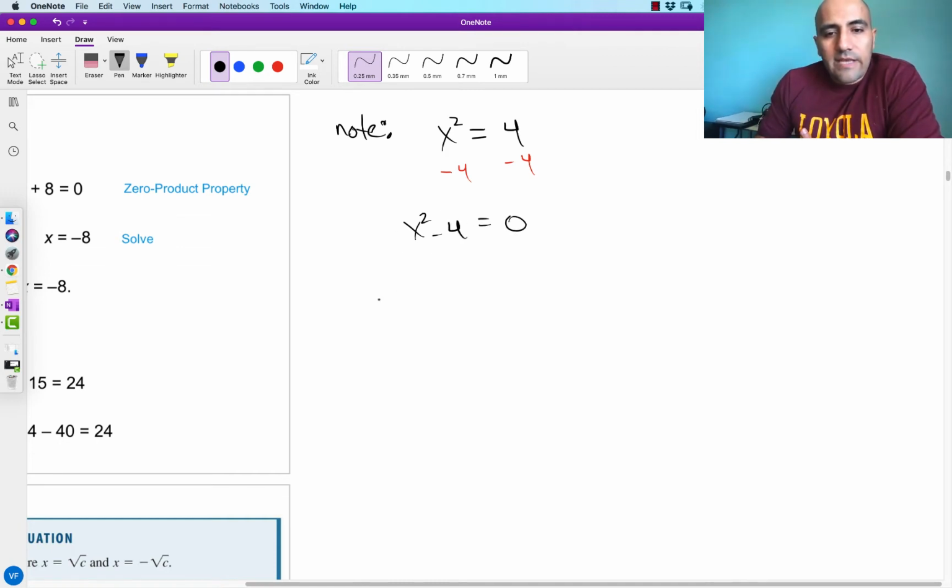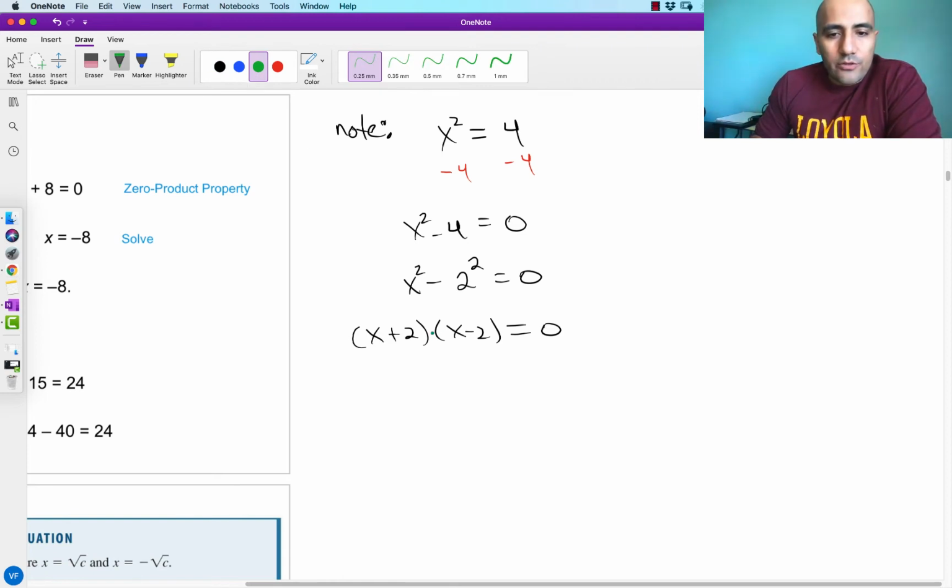We can factor this out. That's a difference of squares, so let me point that out. That's a difference of squares situation, so that'll be equal to x squared minus 2 squared equals 0. Difference of squares factors as x plus 2, x minus 2, which then equals 0. And now we have the opportunity to use the zero product property. So we can separate this into two pieces.